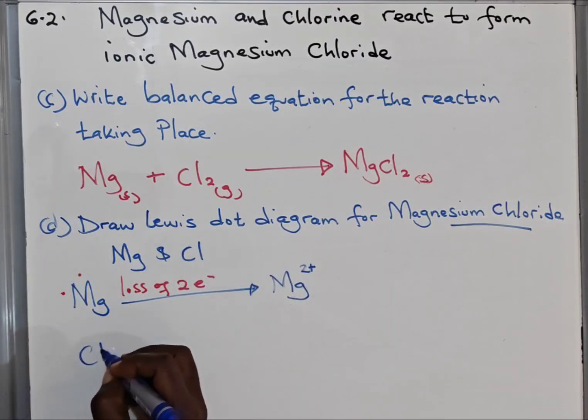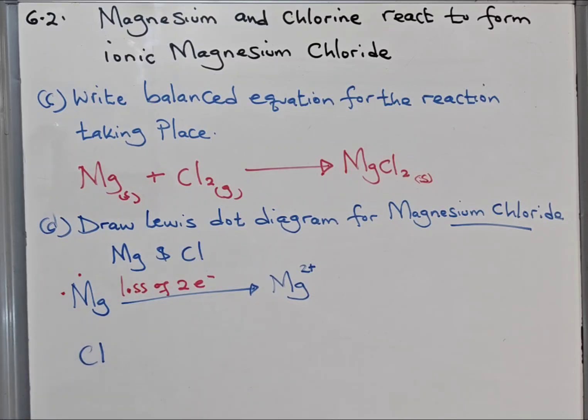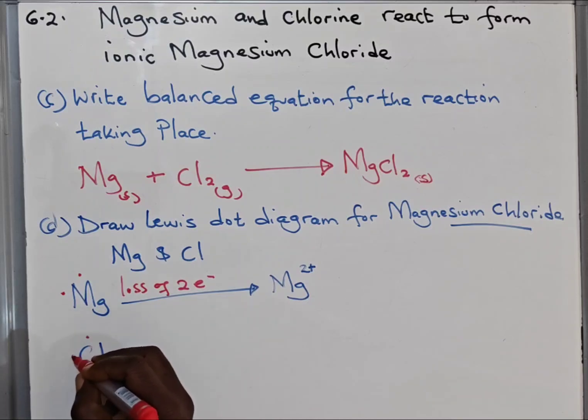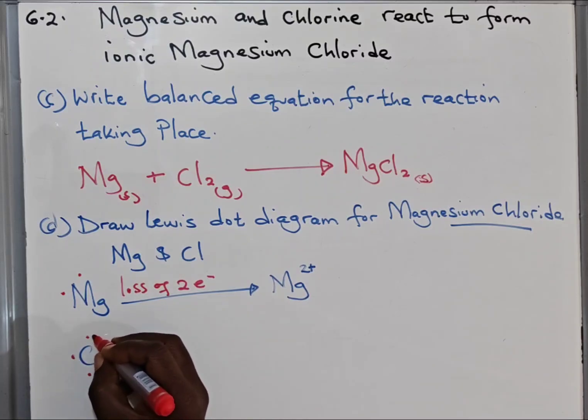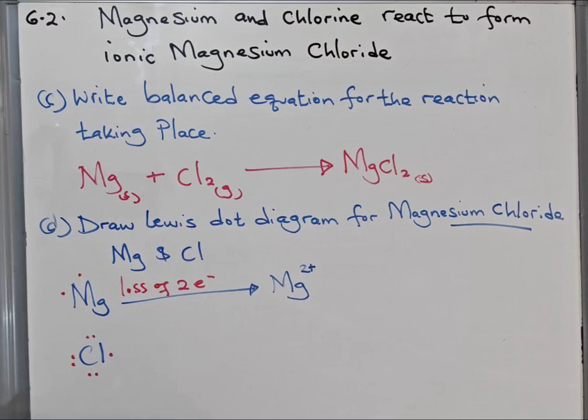Chlorine belongs to group 17, and group 17 has 7 valence electrons around it. That's how we indicate the 7. The best option for this one is to gain 1 extra electron to attain stability.